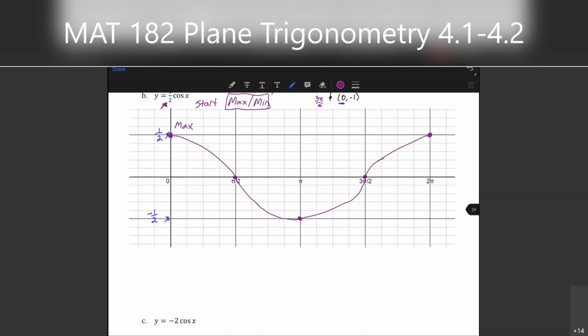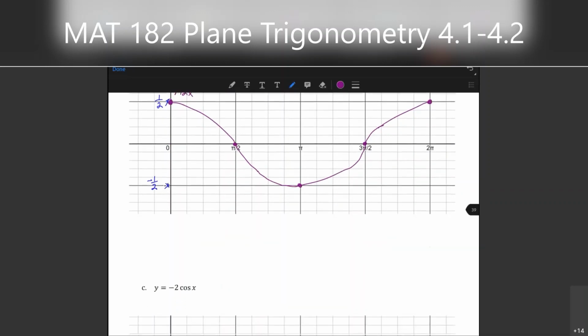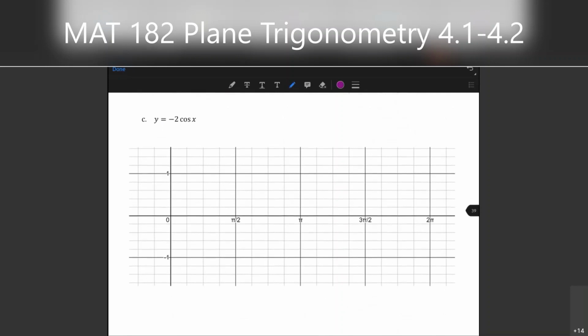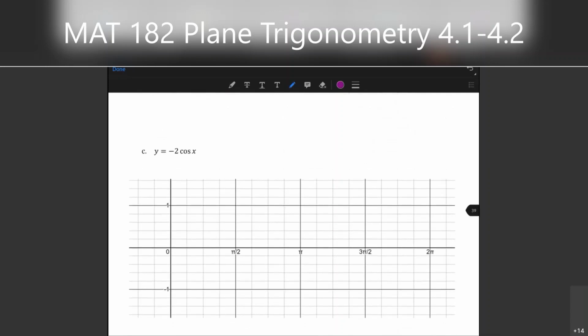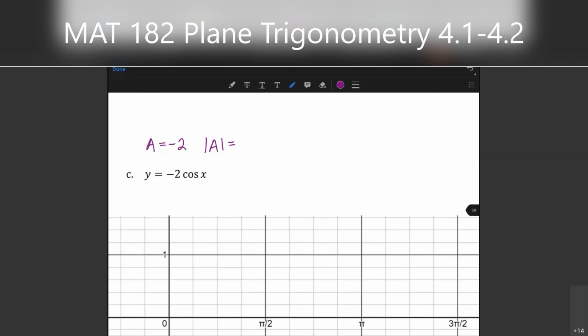So we'll keep with a cosine function, but in this case, we have an A value that's equal to negative 2. Our amplitude is really the absolute value of this A, so the amplitude we would still call positive 2. But we do want to take into account that the A started as a negative when we go to graph it.